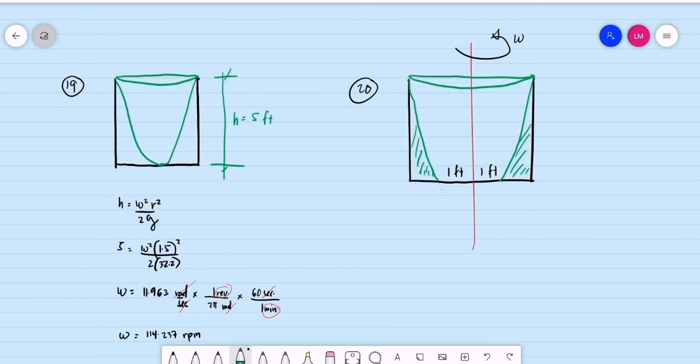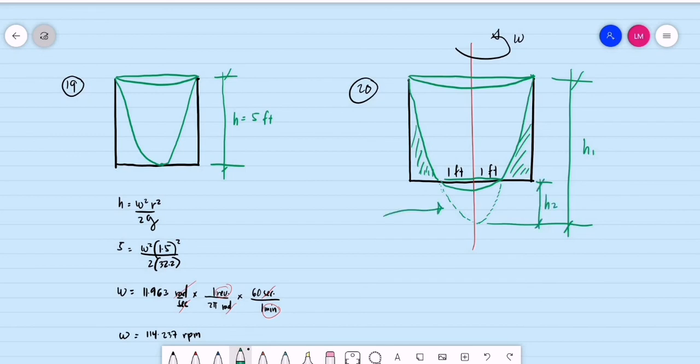But this is only an imaginary portion of the paraboloid, just to have a complete analysis. So let's say this is h sub 1, the height of the bigger paraboloid, and the imaginary paraboloid under the tank is our h sub 2, the smaller paraboloid.